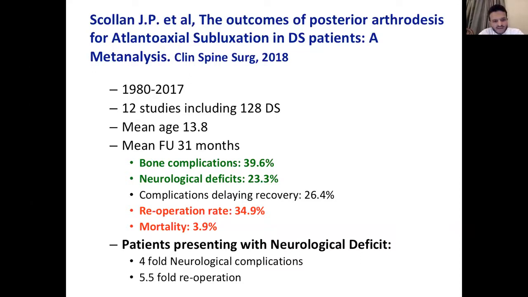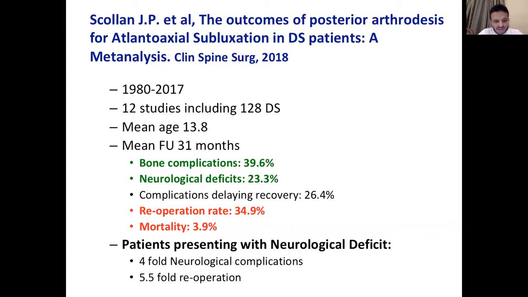Given the fact that maybe some of these papers were done with non-rigid fixation, and there are individual variations in Down syndrome, not every Down is like the other Down. However, collectively, the risk of recurrence in these patients and reoperation or even mortality is 4%.